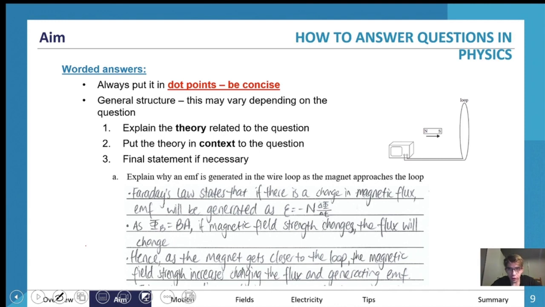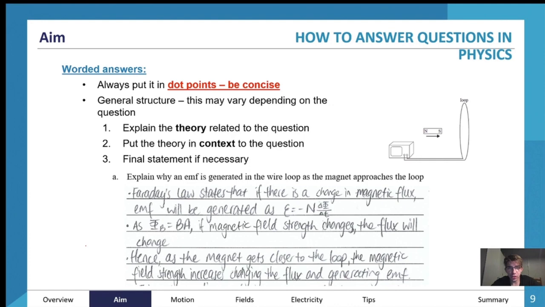If magnetic field strength changes, then the flux will also change, because they are dependent on one another. Hence, as the magnet gets close to the loop, the magnetic field strength increases, changing the flux and generating EMF.